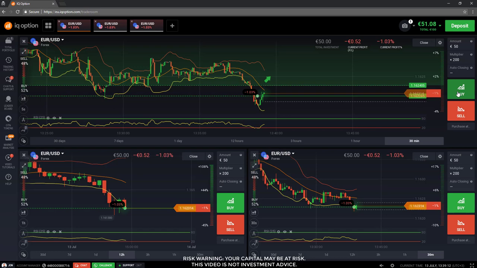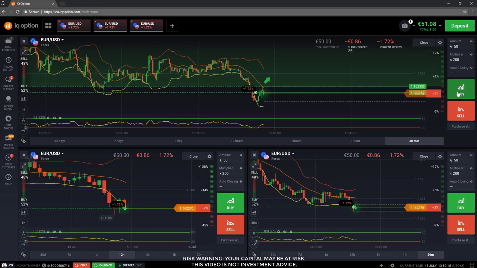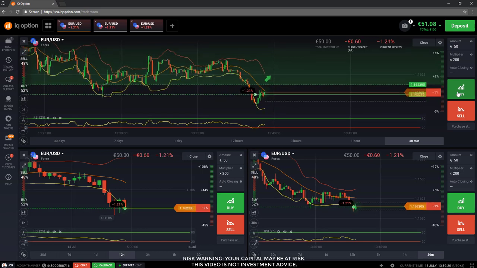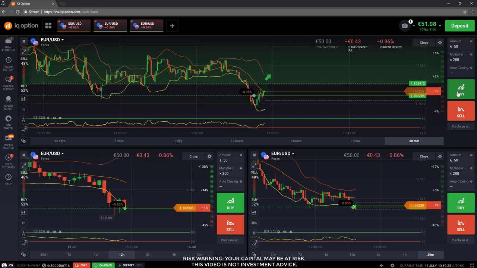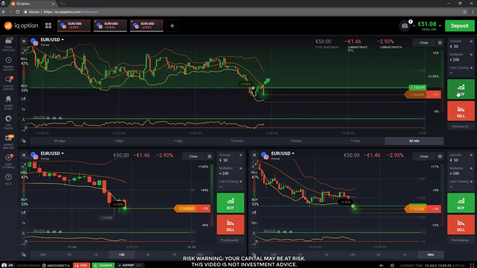That's why I opened the position. And now I'm waiting for the timing when to close it. When I'm going to close this is when this 5 second chart reaches the top limit.